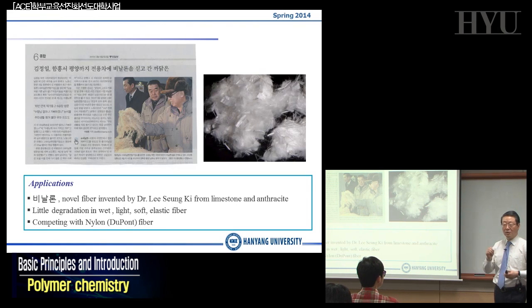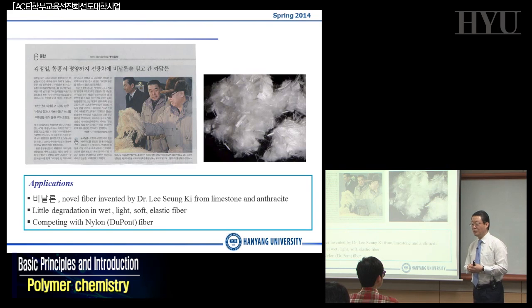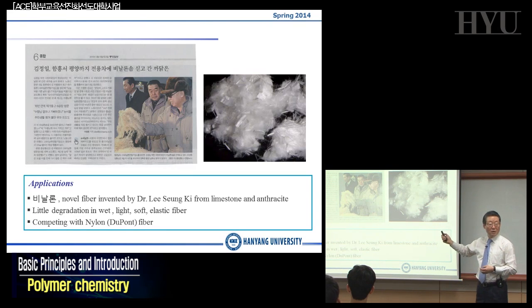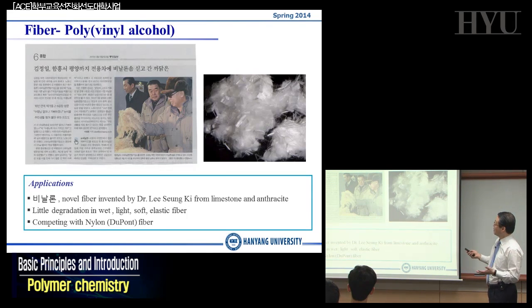Of course, if you look through the GNP of North Korea and South Korea at the time, we were a little behind. Right? But after the 60s, with the evolution of the petrochemical industry, we were much developed. And right now, we are not using this polyvinyl alcohol for the fibers. Okay? But this is the example of polyvinyl alcohol as a fiber.